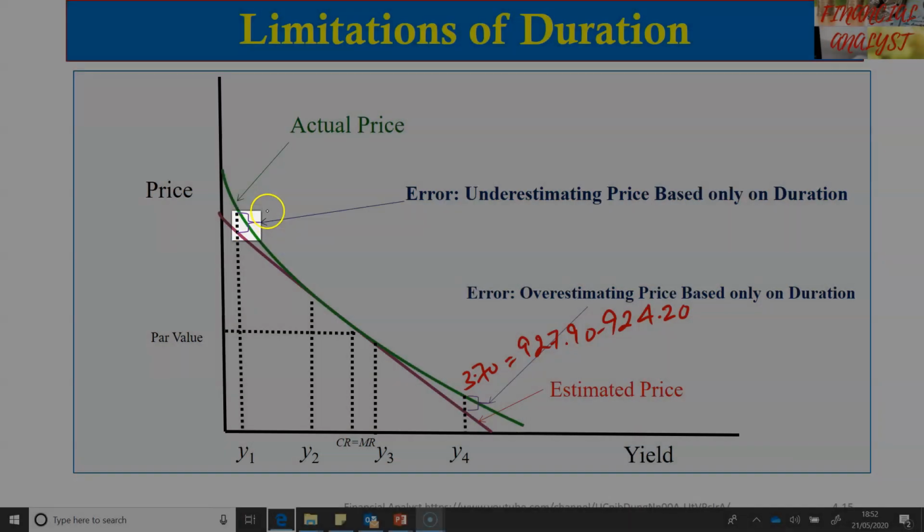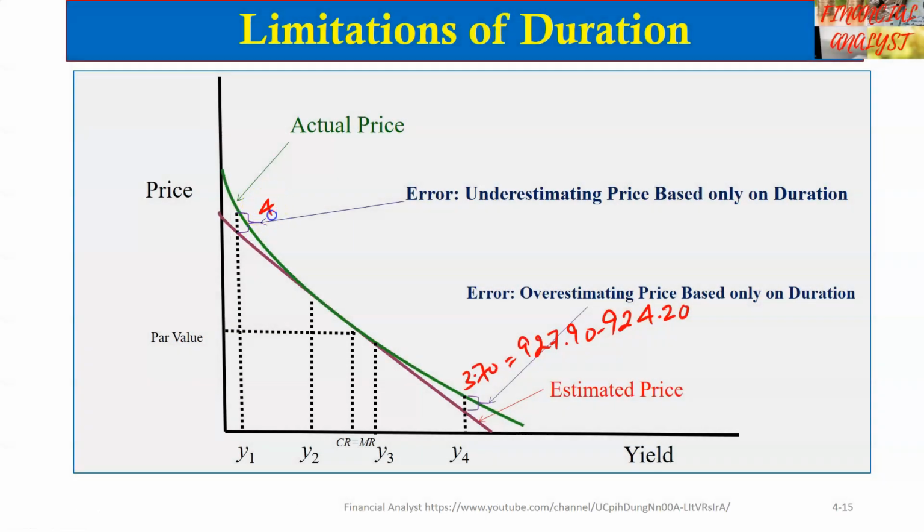Similarly here, the error is 4.05, which is equal to the actual price of 1079.85 from the bond valuation formula minus the price we estimate using duration, which is 1075.8 from the previous slide.